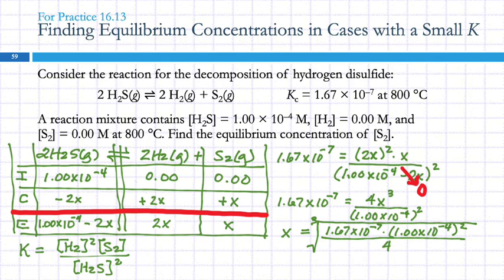Oh, shoot. I deleted the wrong row. I get to start over. Okay. Oh, let's do that. Cube root of 1.67 times 10 to the minus 7 times 1 E minus 4 squared divided by 4.